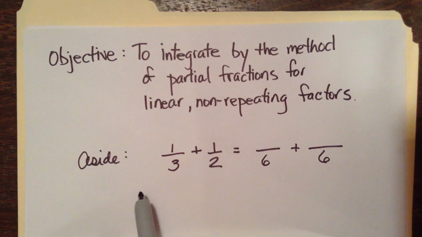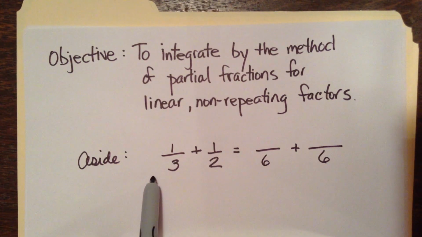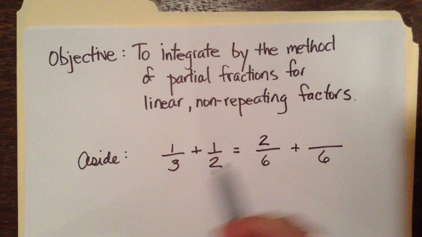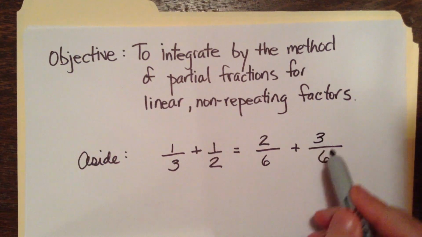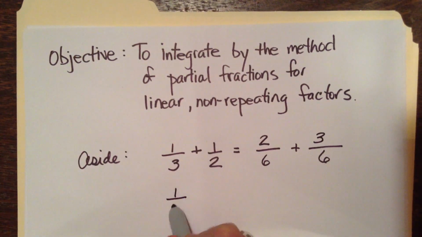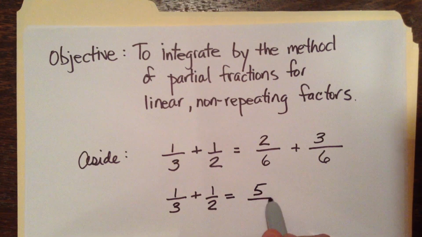Well, everyone knows how to do this, but we would multiply the numerator and the denominator by 2, because 2 over 2 is equivalent to 1, and so 2/6 is the same as 1/3, and 1/2 is equivalent to 3/6. So basically you have 1/3 plus 1/2 is equal to 5/6.